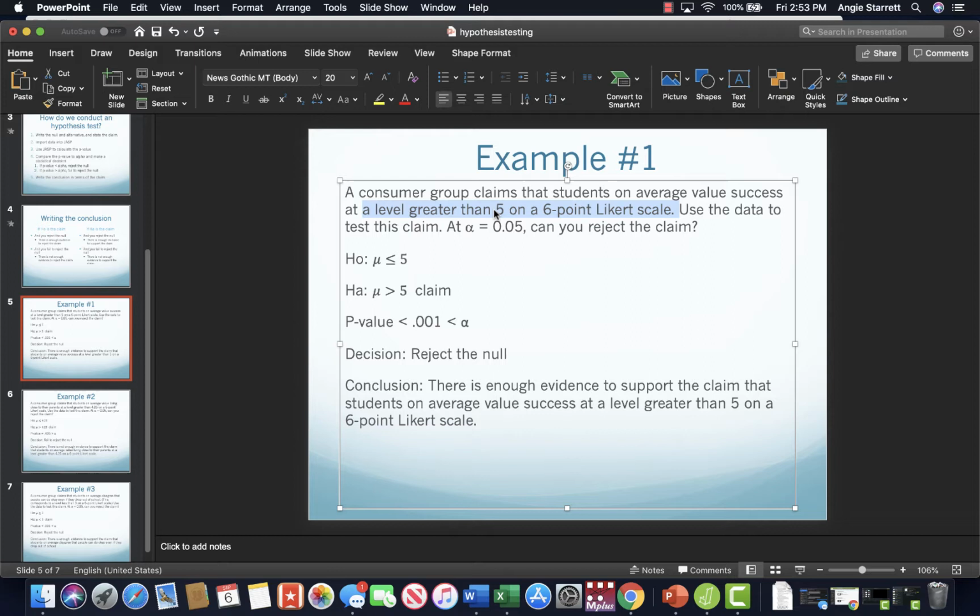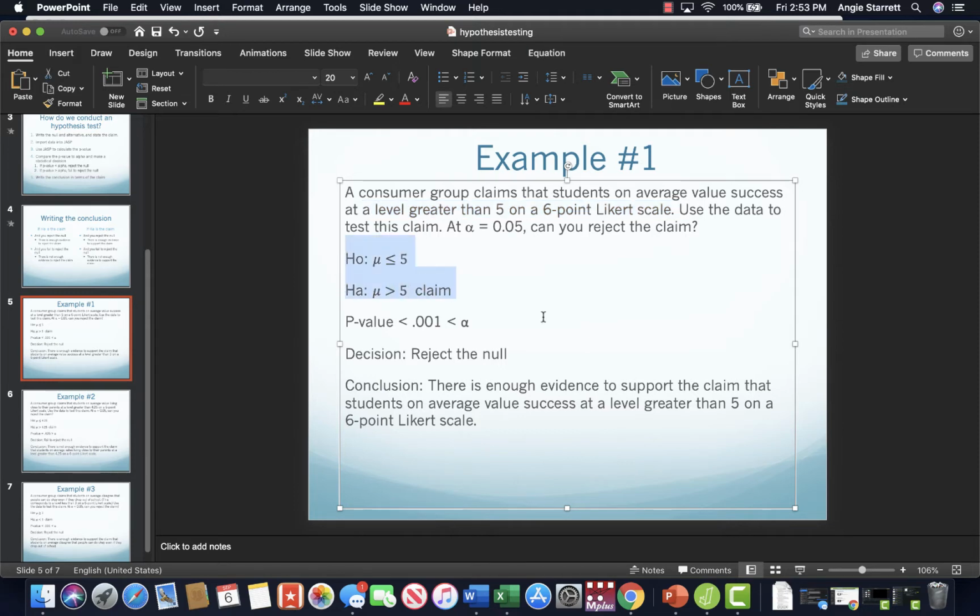So we're reading mu greater than 5. That's our alternative, and that is the claim. It's the alternative because there's no equals in there. It's a strict inequality. So we have mu greater than 5, which means our null is mu less than or equal to 5.